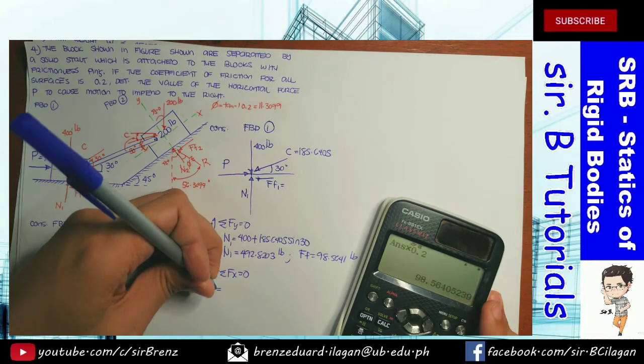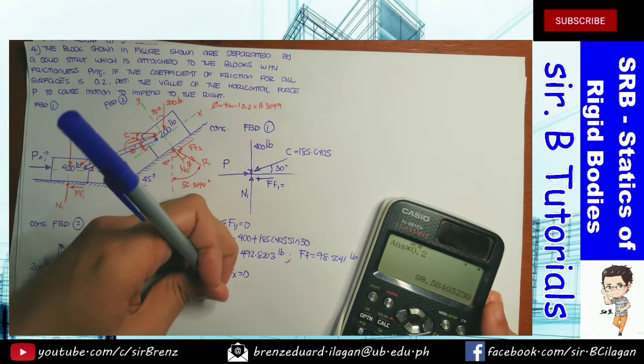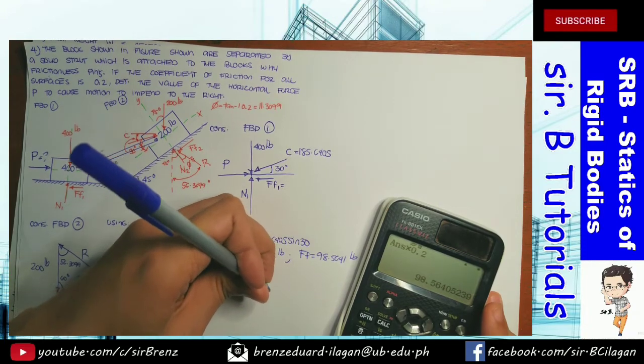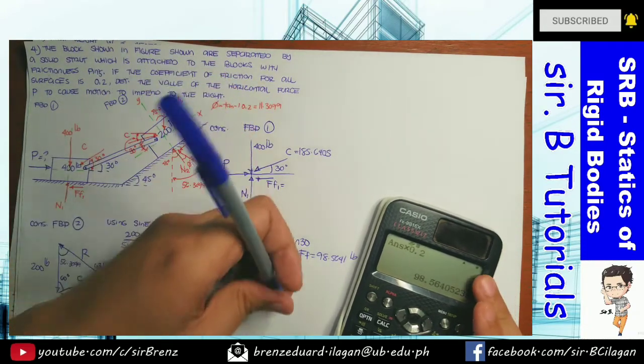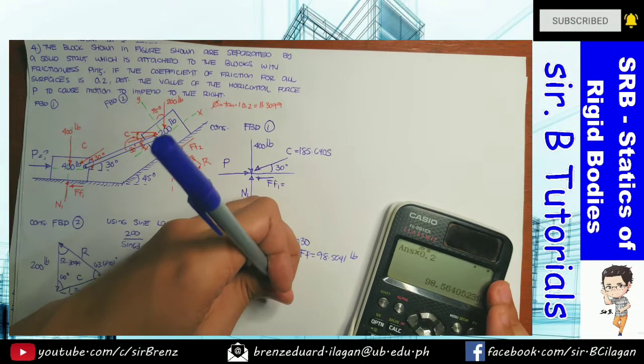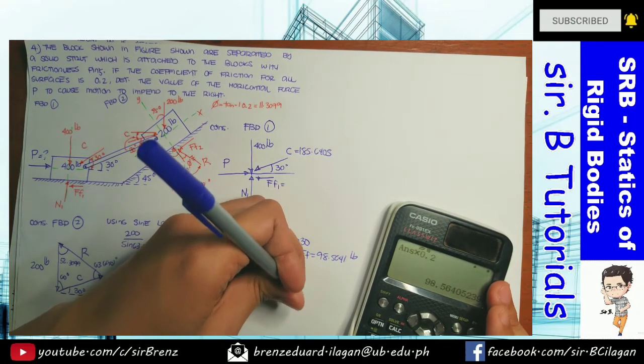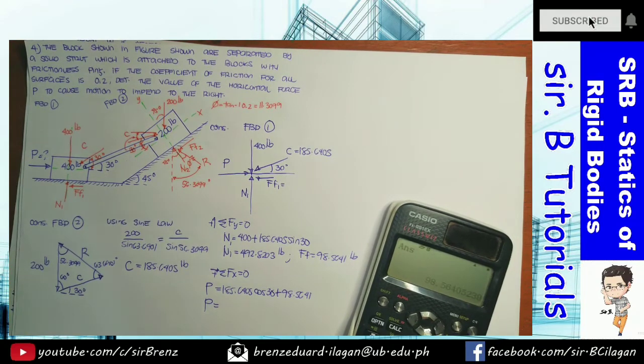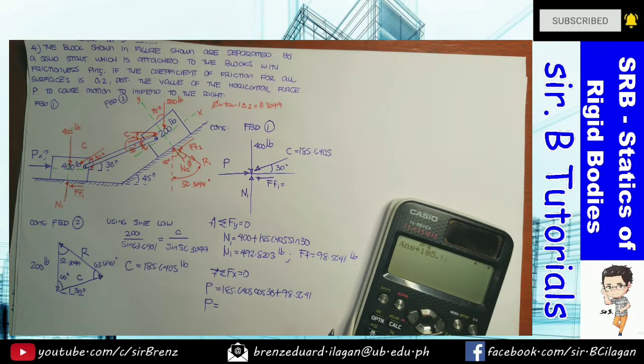So, P is just equals to 185.6405 of cosine 30, and then plus the frictional resistance na 98.5641, or P is equals sa 185.6405 cosine 30.